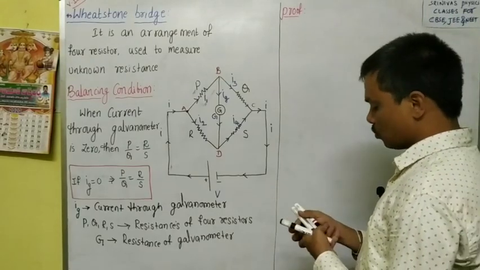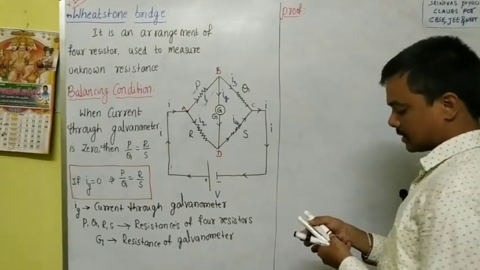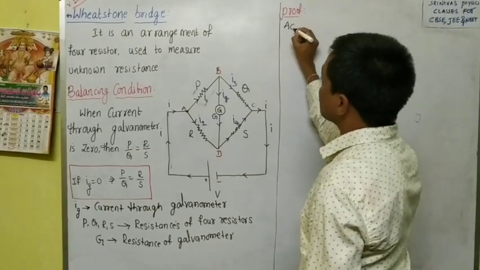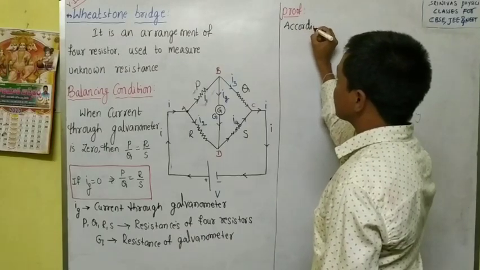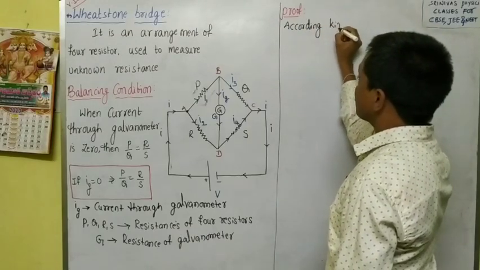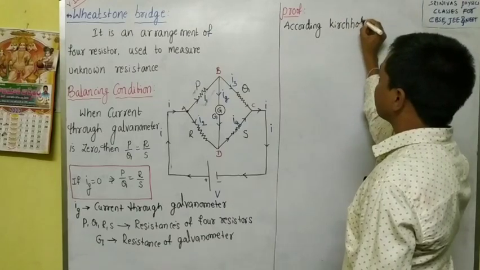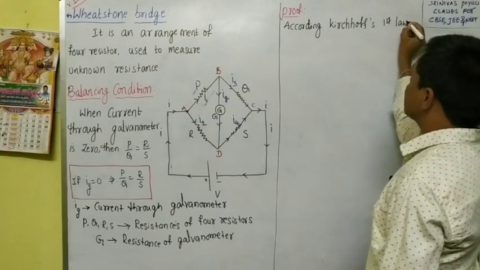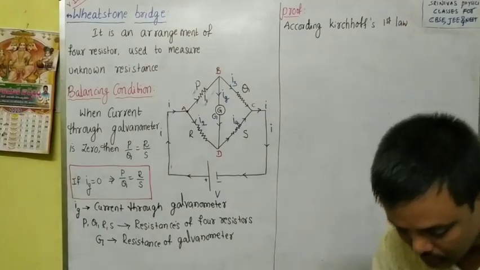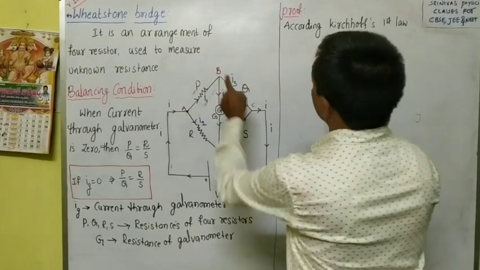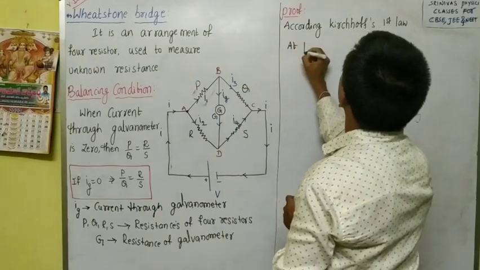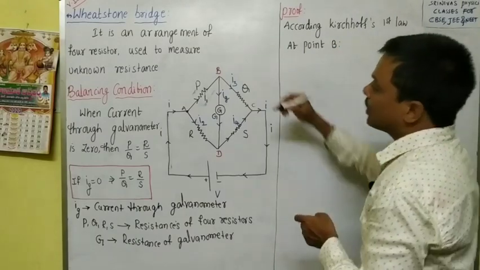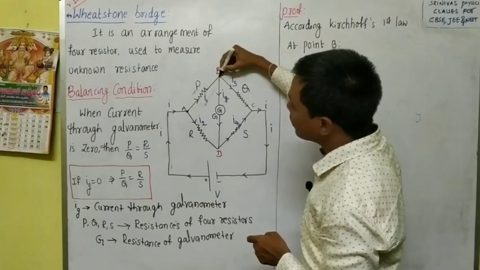Now we have to take two loops here. We have to apply the Kirchhoff laws. According to Kirchhoff's first law, which we already know, that is the junction law, I will apply it at point B. At point B, entering current equals leaving current.